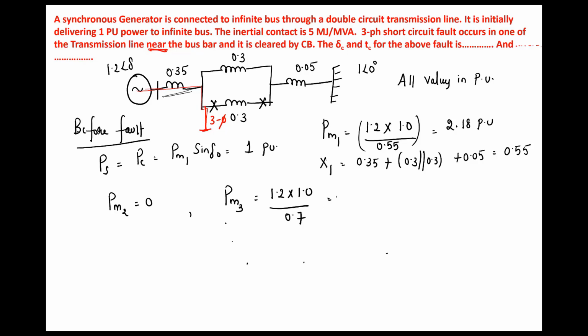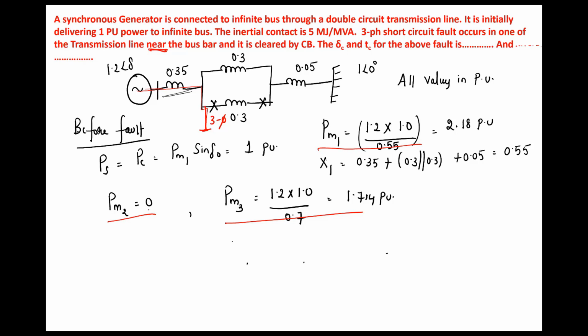This value is how much? 1.714 per unit. So we have calculated PM1, PM3, PM2.